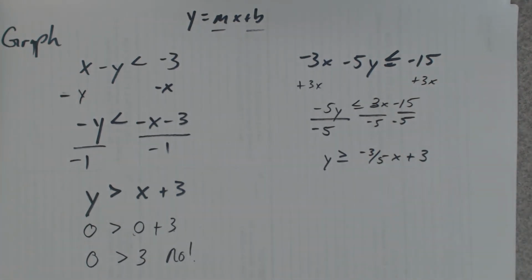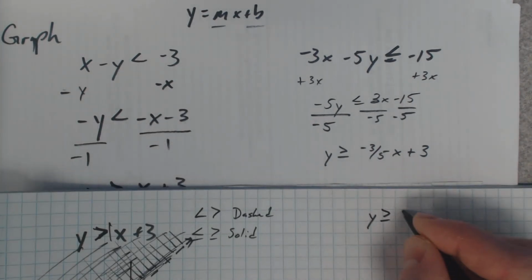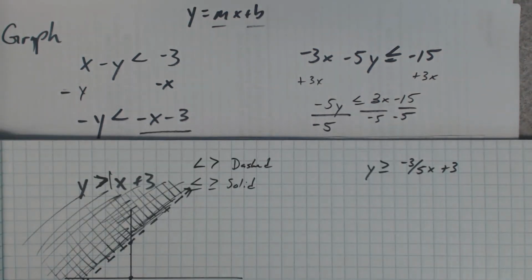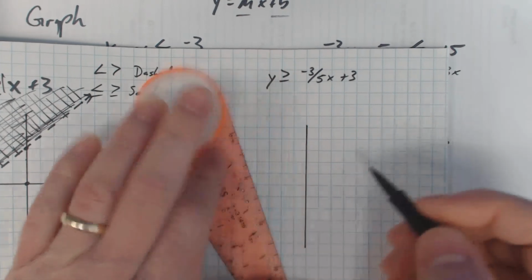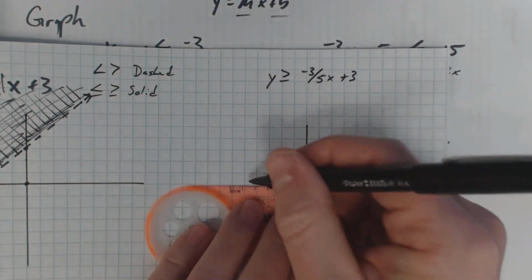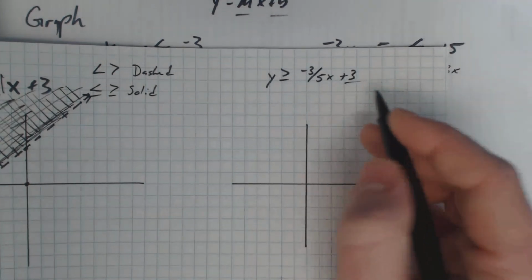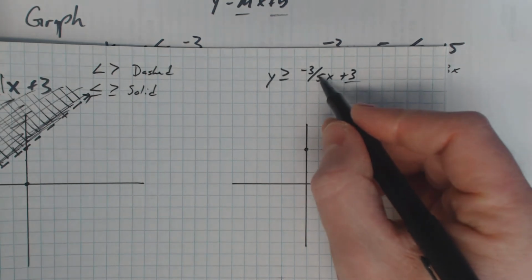So negative 3/5 x plus 3. And I flip the inequality symbol. Right? Plus 3 is where I start. That's the y-intercept. I'll go down 3 and then run 5.